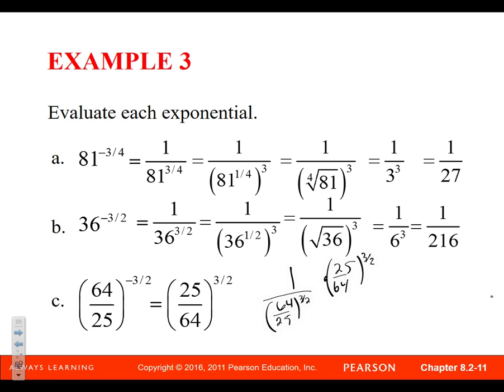I didn't change it, I did a reciprocal. So this does not change power when I do that. I just flipped it. The original sign change was when I went from here to there. I brought the whole power down to the denominator. But since I can't divide by fractions, when you multiply by the reciprocal, it turns it into the 25 over 64, which is what we're looking at right here.